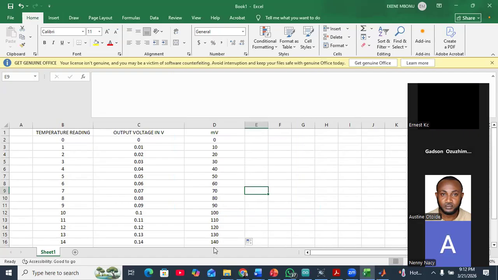We have 11 participants. Okay. So let me see if the MATLAB is still loading so that we can do this thing.